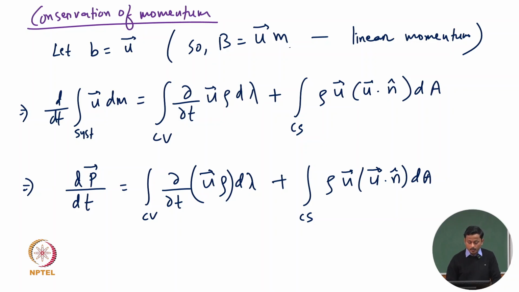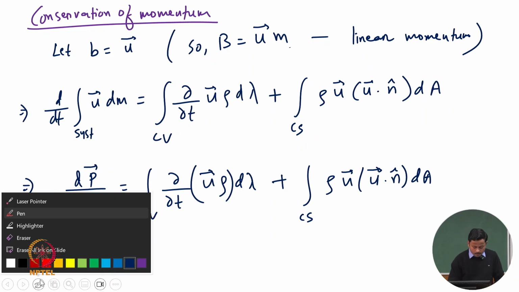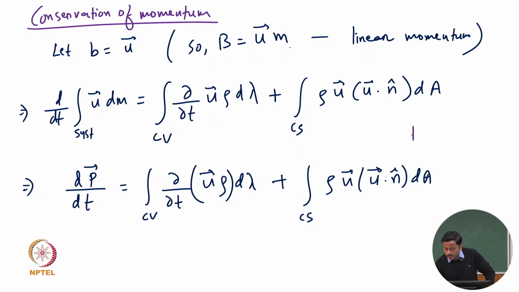So P is the linear momentum. So you can obviously write this form.